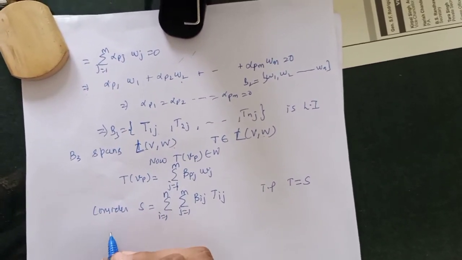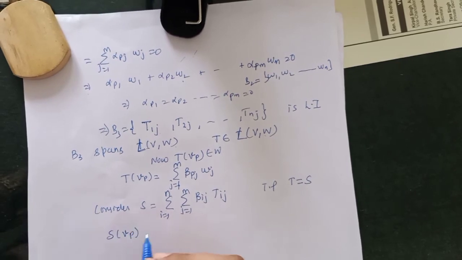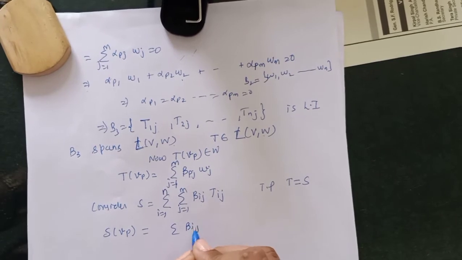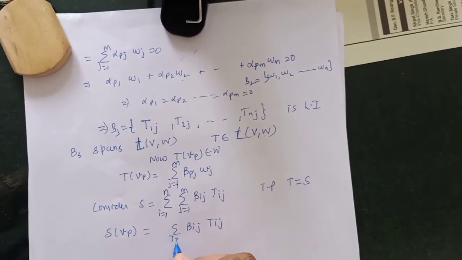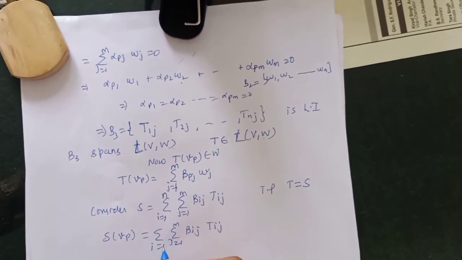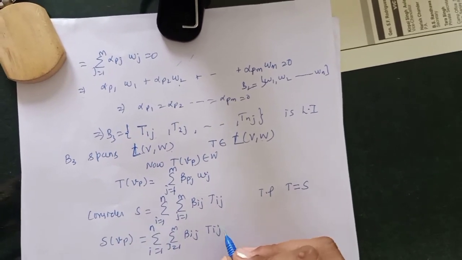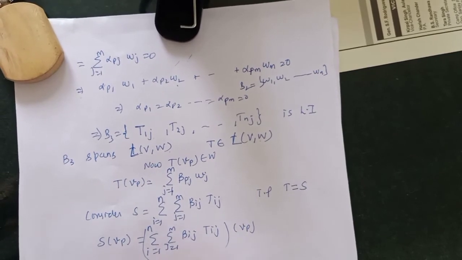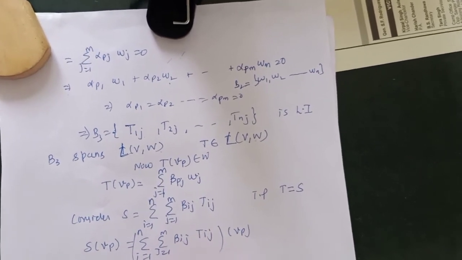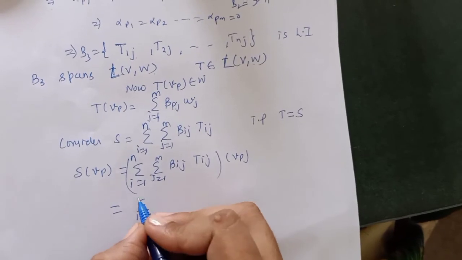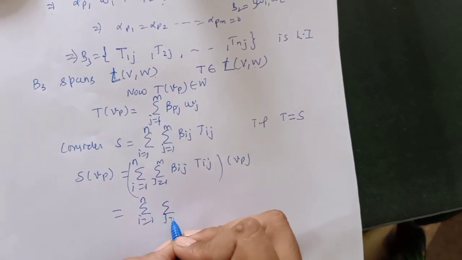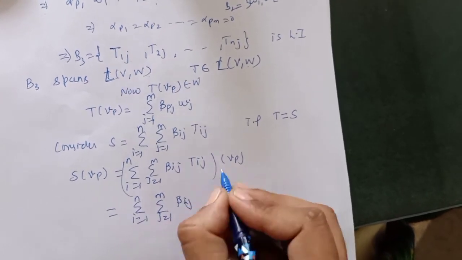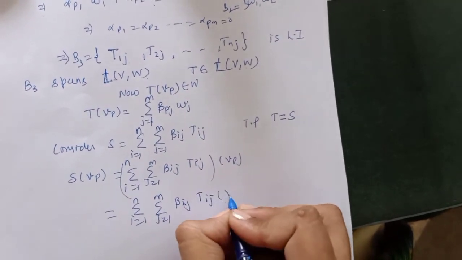Now let us consider what S of Vp will be. Observe S is the sum of beta ij Tij, j from 1 to m, i from 1 to n, applied to Vp. If I take it inside, as per the definition of scalar multiplication defined on this vector space of all linear transformations from V to W, this would be applied on this.